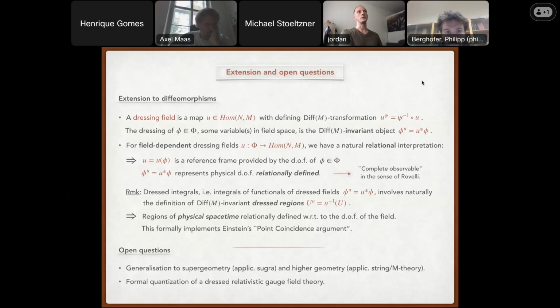Yes, I agree. Both of them would still be acted upon by another diffeo, for example. Yeah, sure. The H and phi have their own orbit.